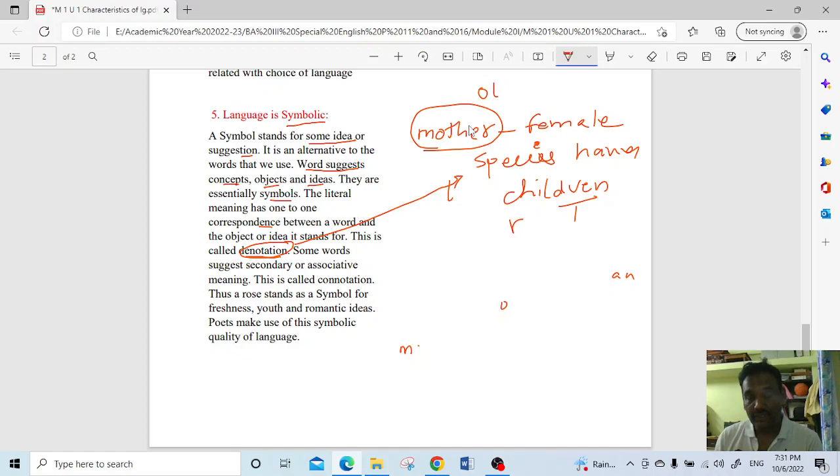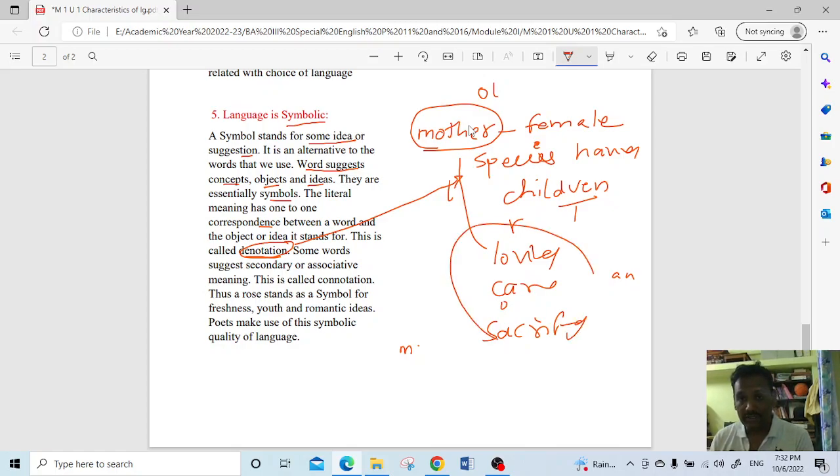But beyond that, this symbol has different meanings, like loving person, caring person, sacrificing person. So these all together make what we call connotation.